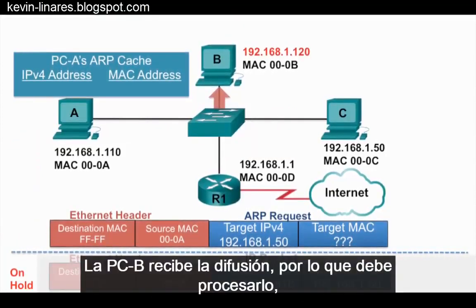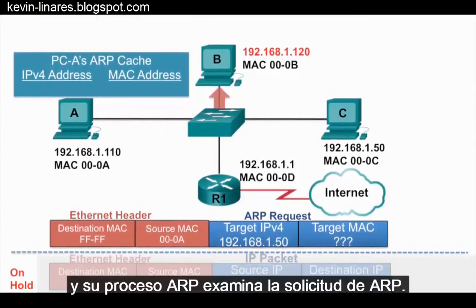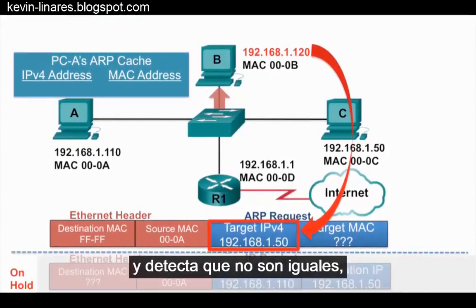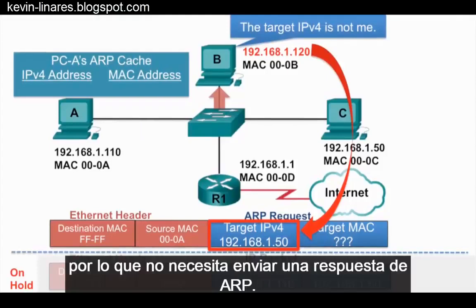PCB receives the broadcast, so it must process it, and its ARP process examines the ARP request. It compares its own IPv4 address against the target IPv4 address and notices that they are not the same, so it doesn't need to send an ARP reply.